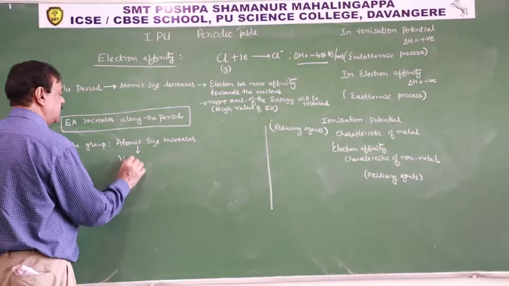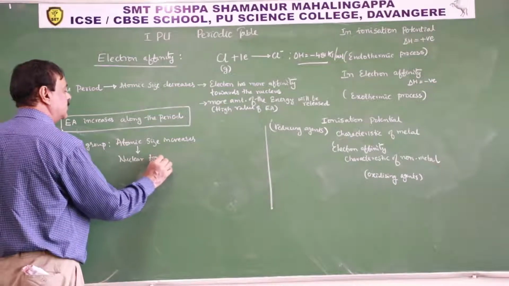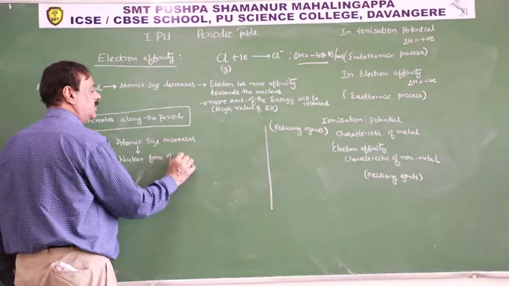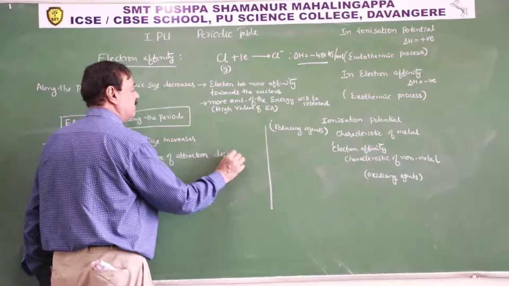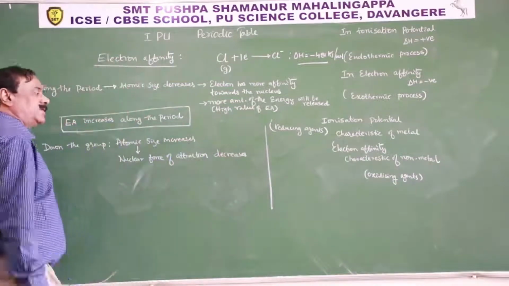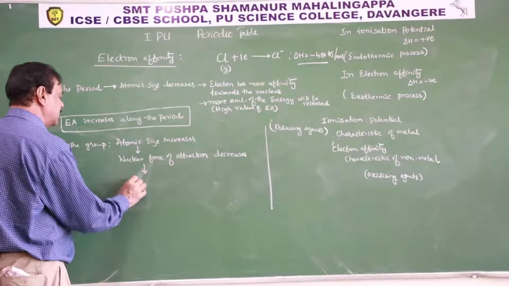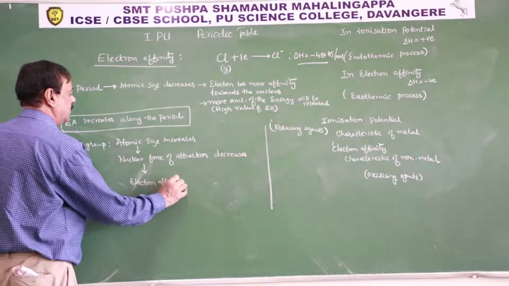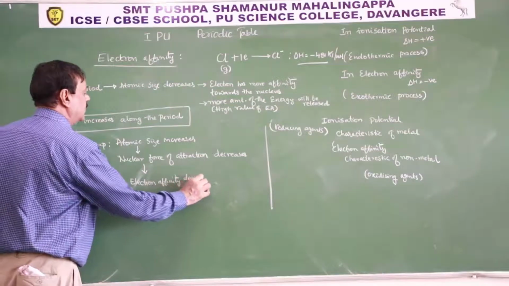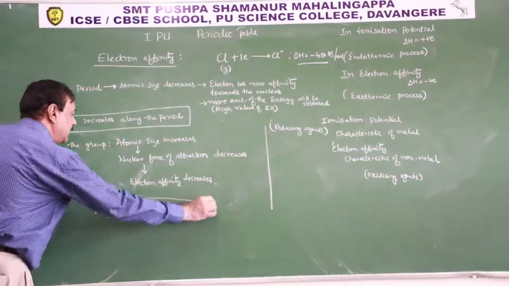The nuclear force of attraction decreases, and hence electron affinity decreases. Is it clear? Therefore, electron affinity decreases down the group.